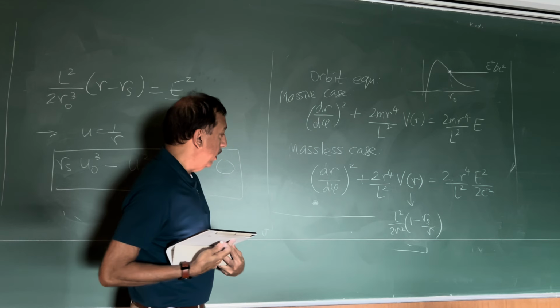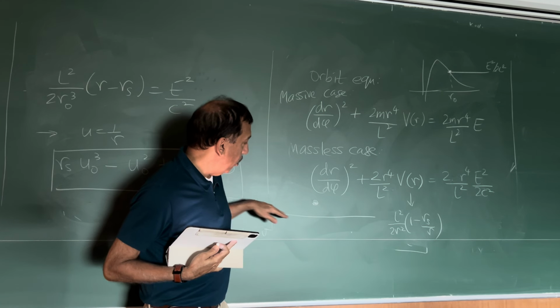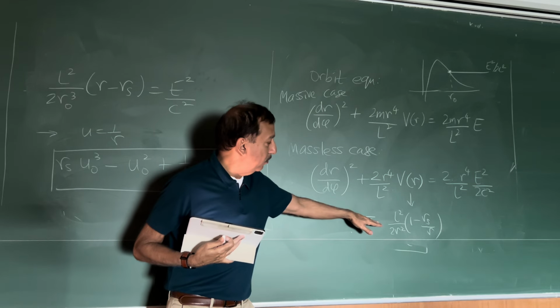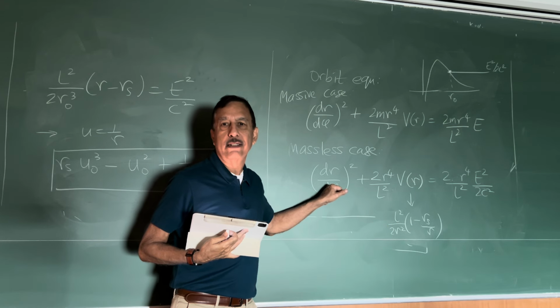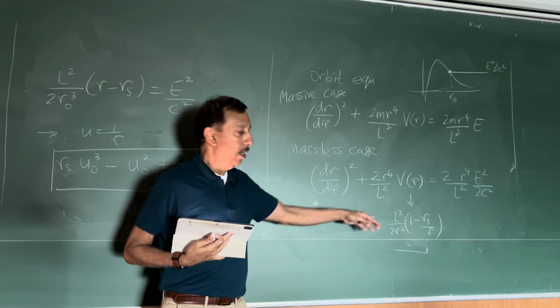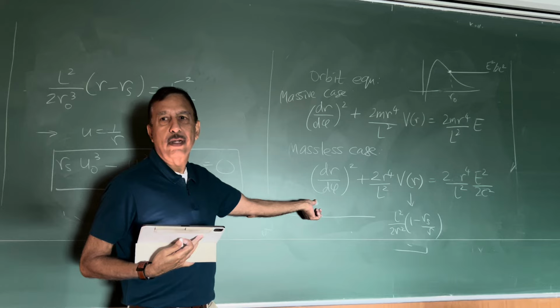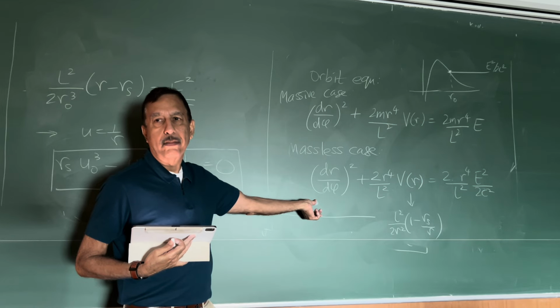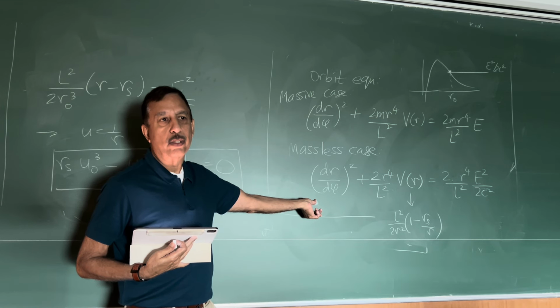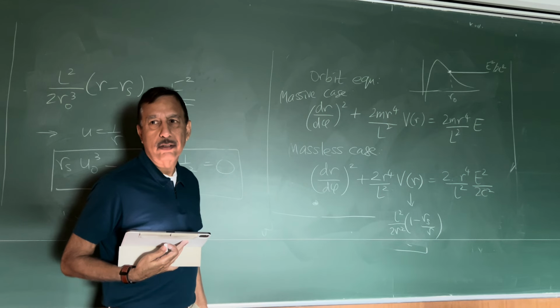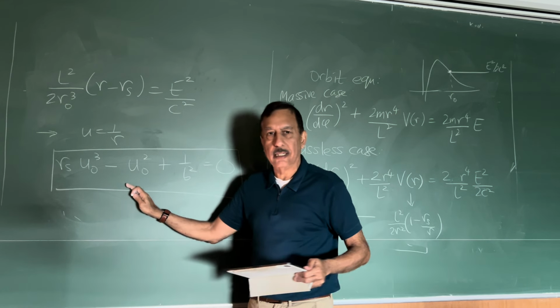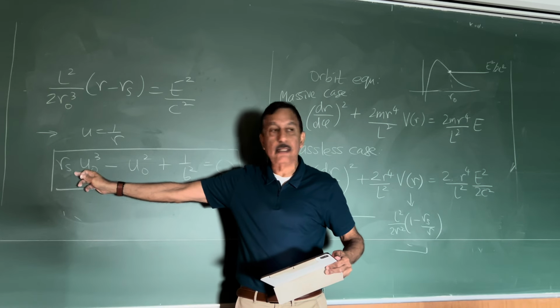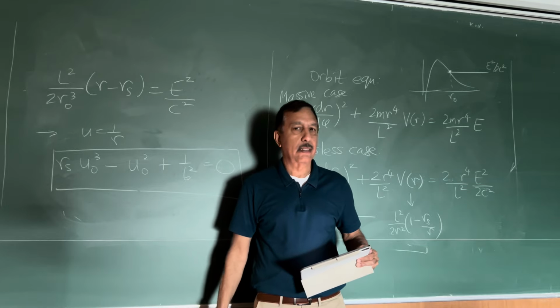Then what is the point of closest approach of this incoming particle, which is actually going in a straight line? There's nothing there, so it's not deflecting. The point of closest approach is R equal to B, so U is equal to 1 by B. This confirms that we are doing the right thing. The question is how does this cubic term modify that?